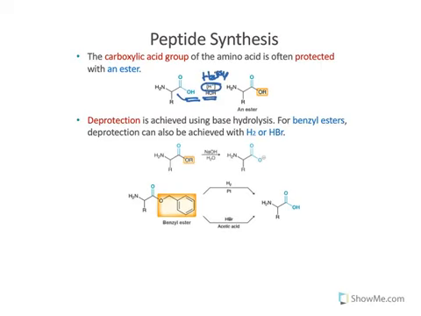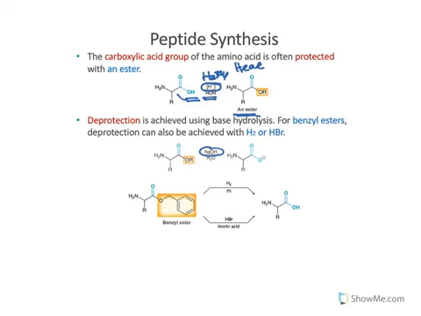So sulfuric acid and heat. The reaction usually requires heat. And then we transform it into an ester. Now we can also hydrolyze this compound to transform it back into carboxylic acid. The hydrolysis can be achieved either using a base or we can use an acid, whichever is convenient.